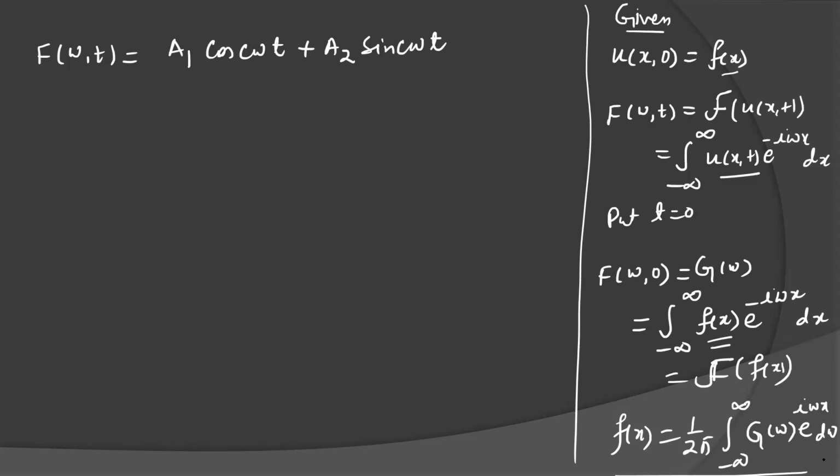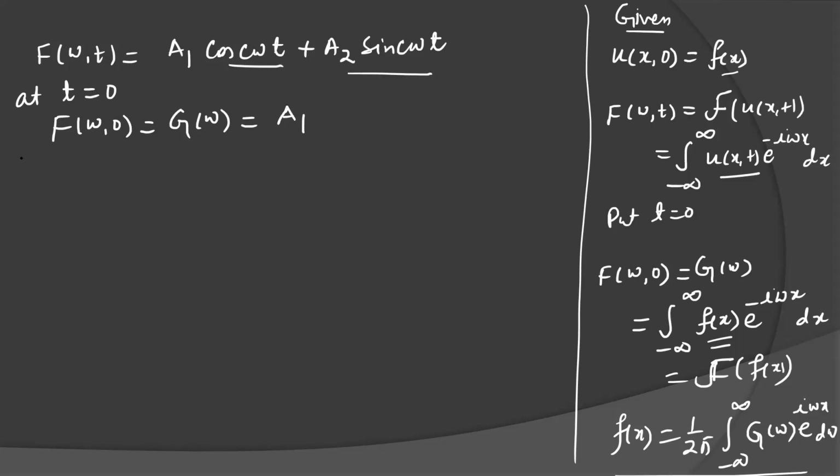Remember, this is also very important, that I will use later. So this is the first given condition. So at t equal to 0, F(omega,0), I have already supposed that g(omega), is equal to A1 here, because cos 0 is 1, sin 0 is 0. This term is going to vanish.